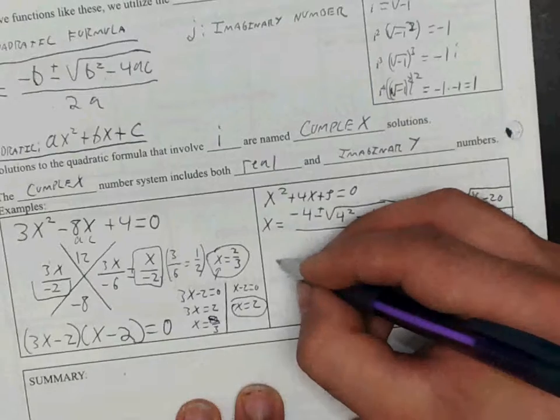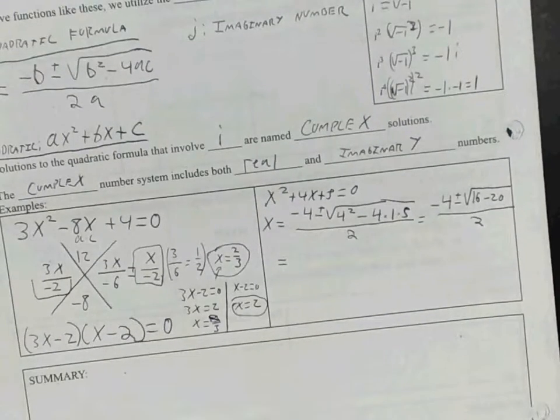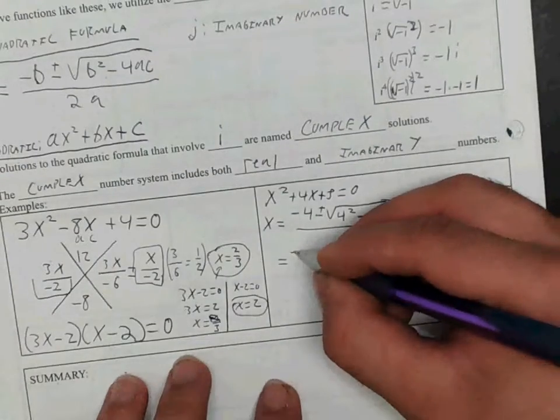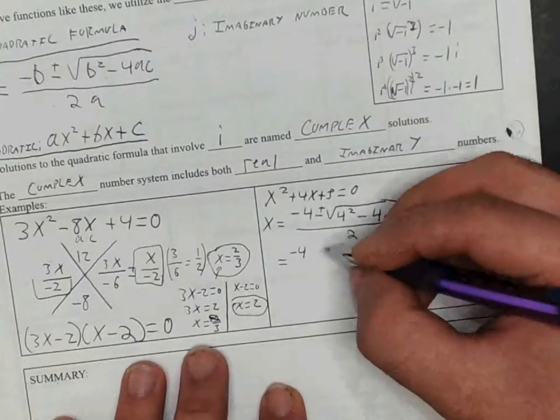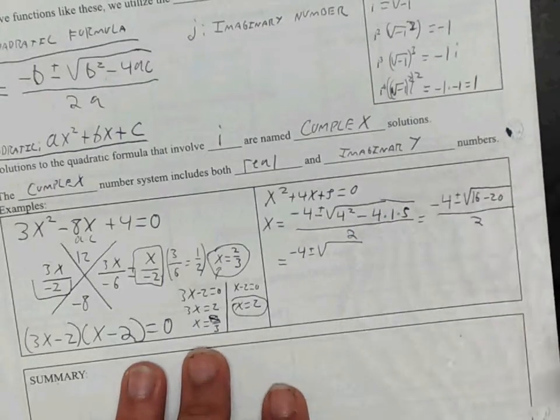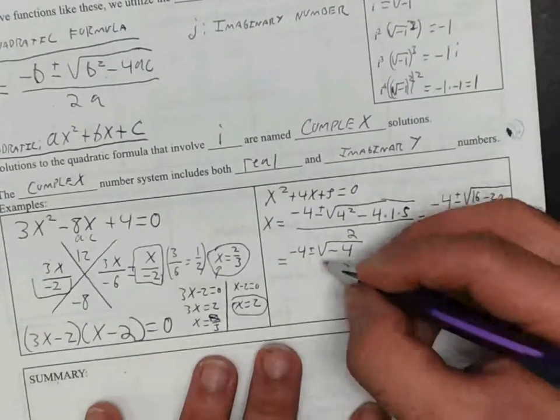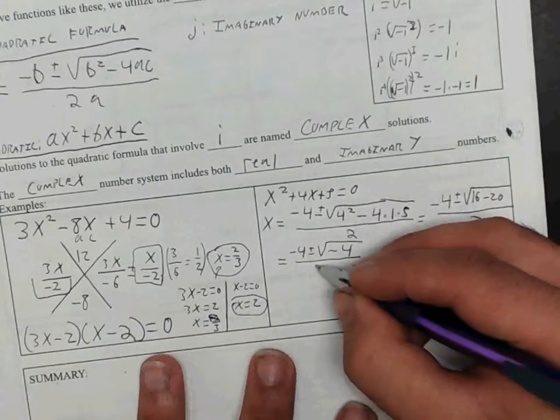That's going to be equal to negative 4 plus or minus the square root of negative 4 all over 2.